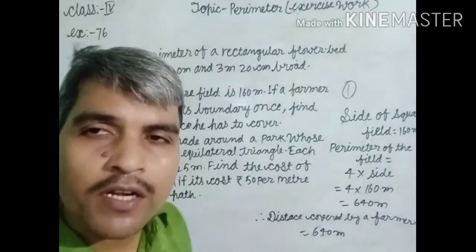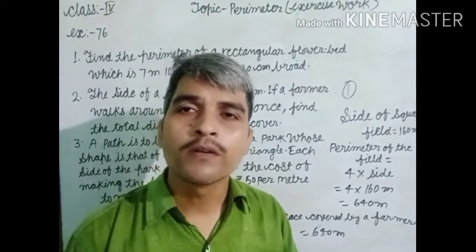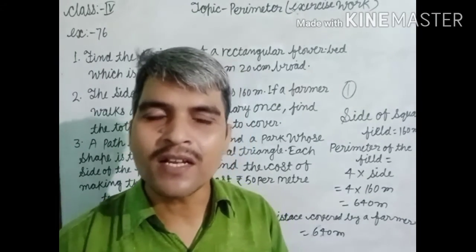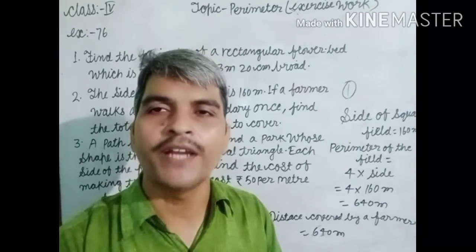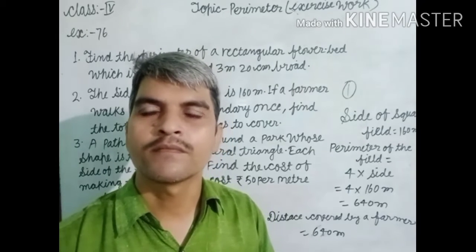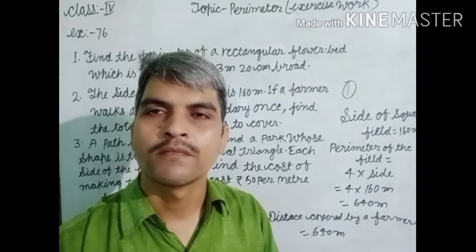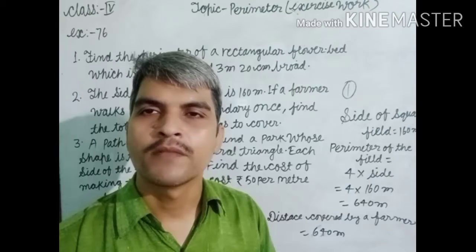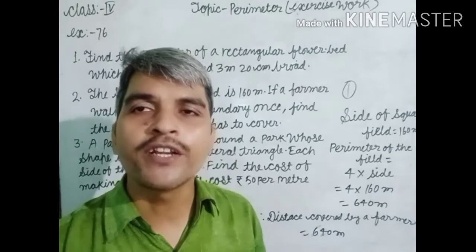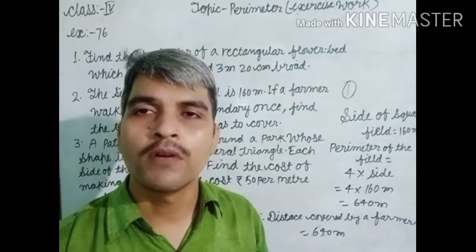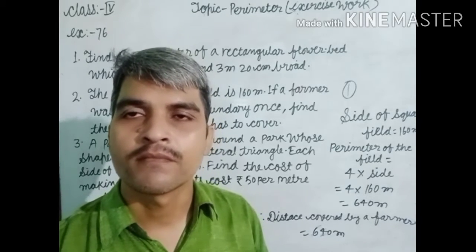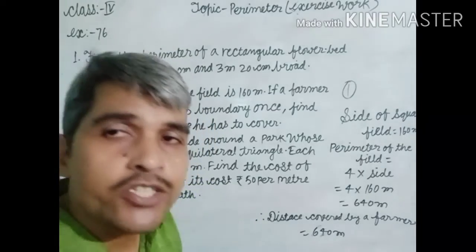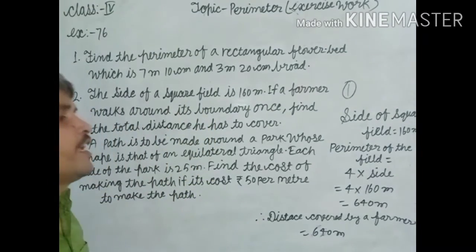You know what a triangle is? A triangle has 3 sides, 3 vertices, 3 corners. Equilateral: equi means equal, lateral means sides. That means a triangle with 3 equal sides is called an equilateral triangle.